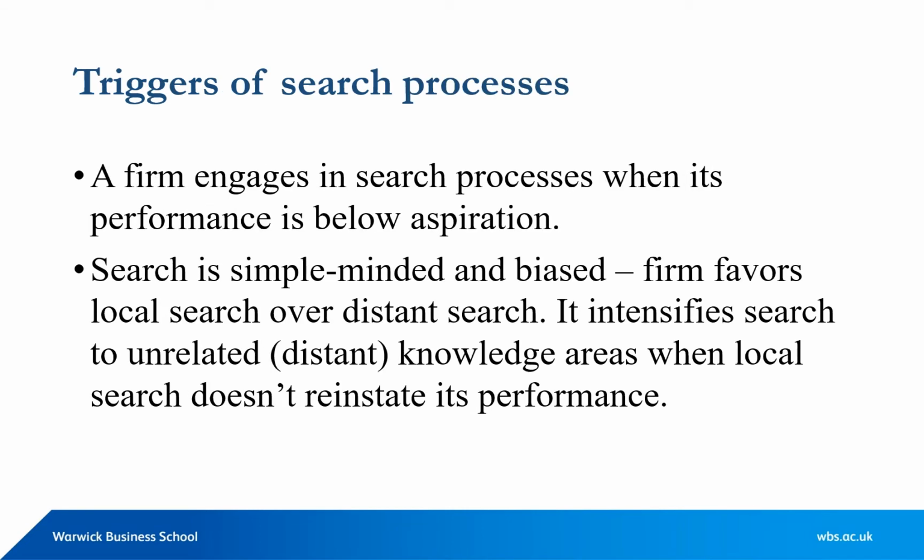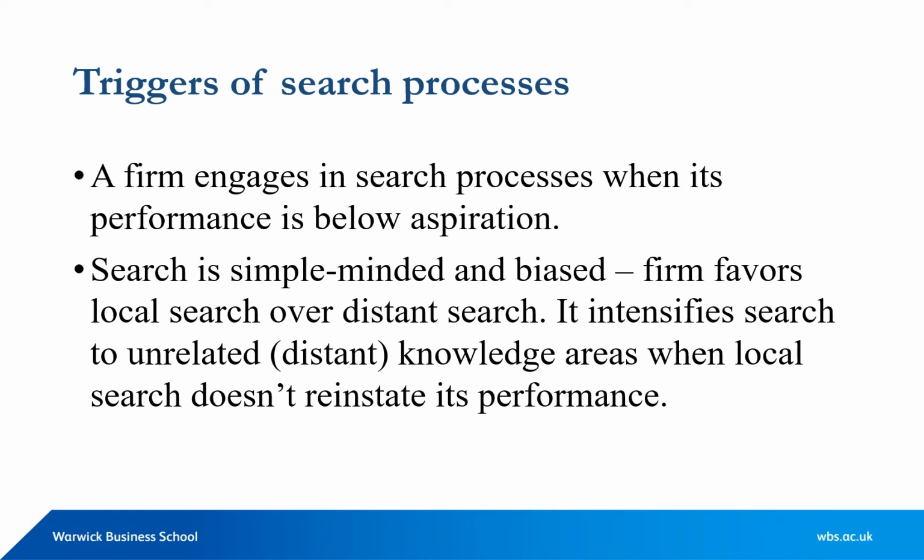Now, what triggers search processes in an organization? A firm engages in search processes when its performance is below aspiration. The aspiration level of performance depends on how the firm has been performing historically and how other firms in the industry are performing. Let us take an example. Google's ROA in 2020 is 15.57%, which is very high, normally speaking.